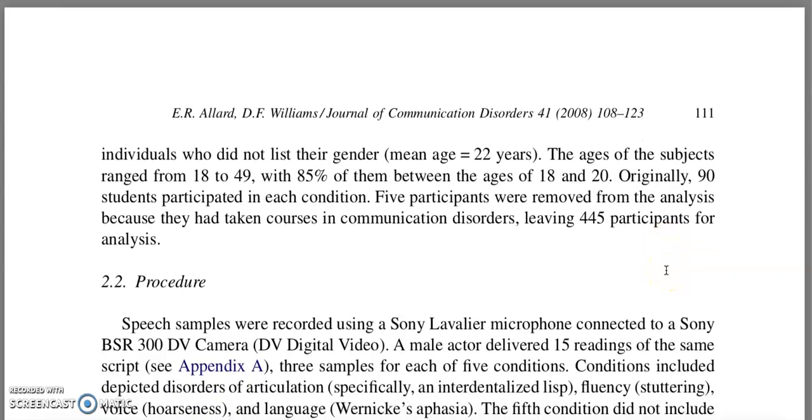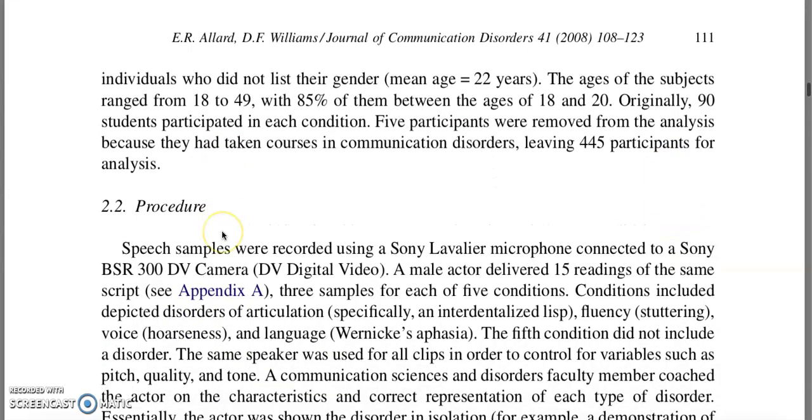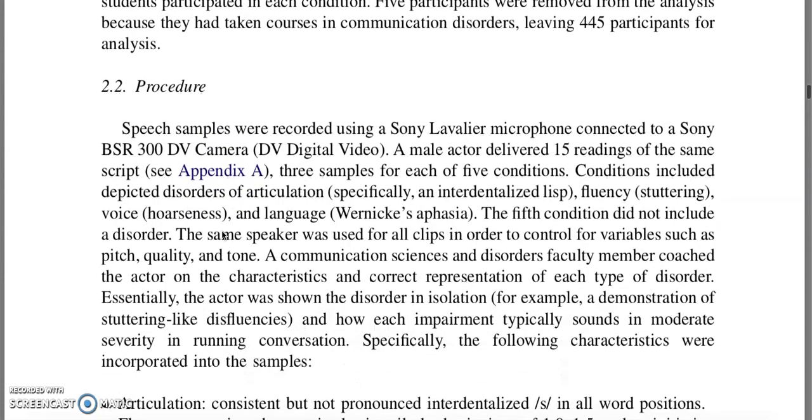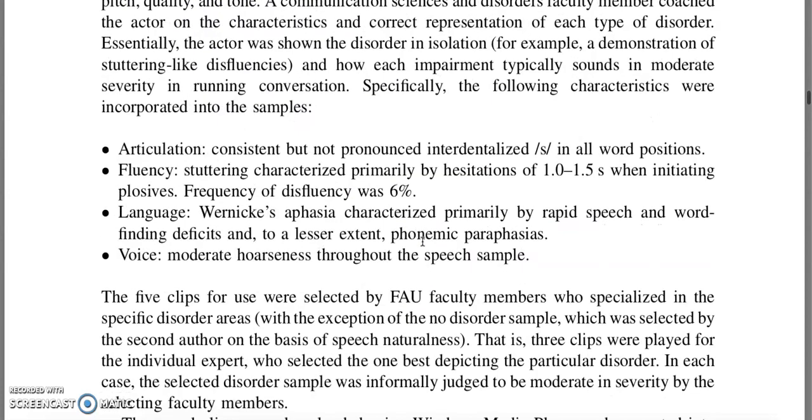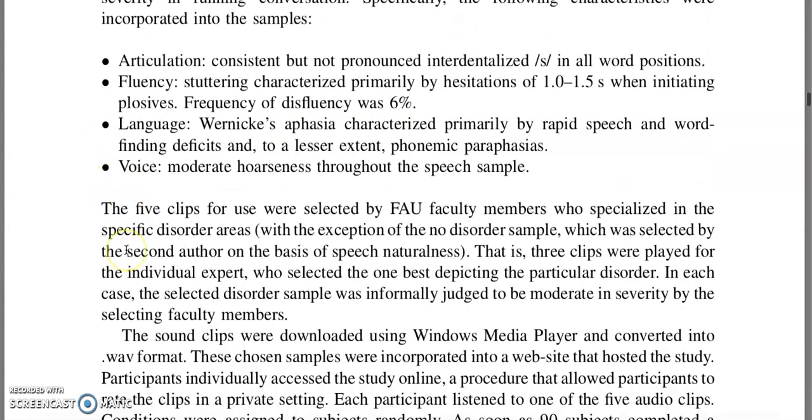Then we get into the procedure. So now that we've looked at what our population is, the procedure is going to tell us how they did the study with these people. So they say that they used speech samples, they were recorded, they're specifically using an actor who they are coaching to give characteristics of different conditions rather than having people who have the actual conditions, and then gave some different things to look out for that actor.